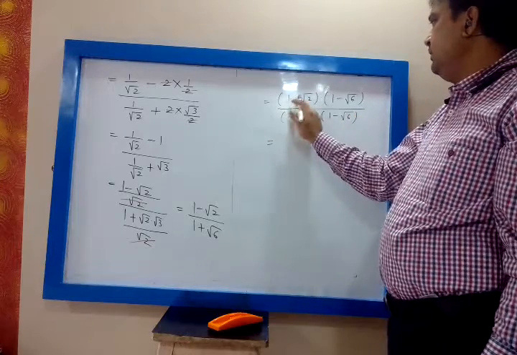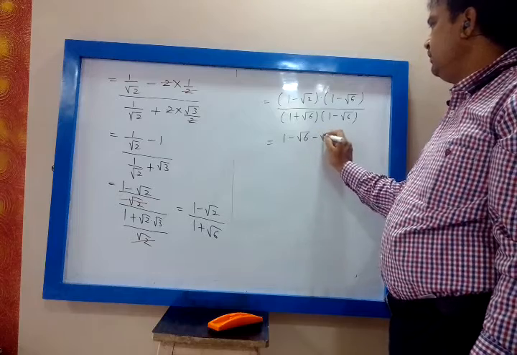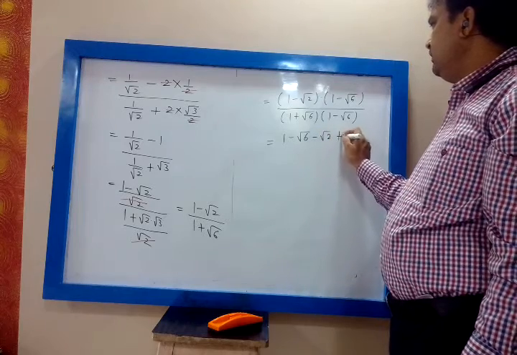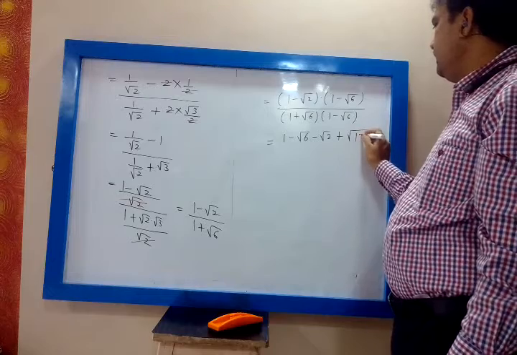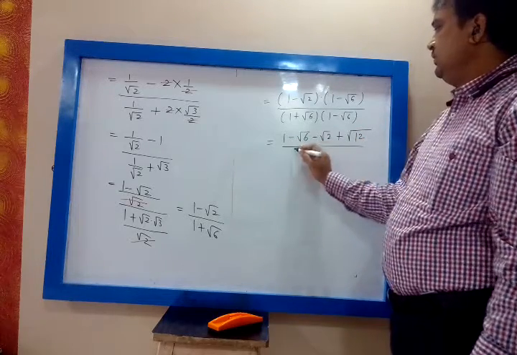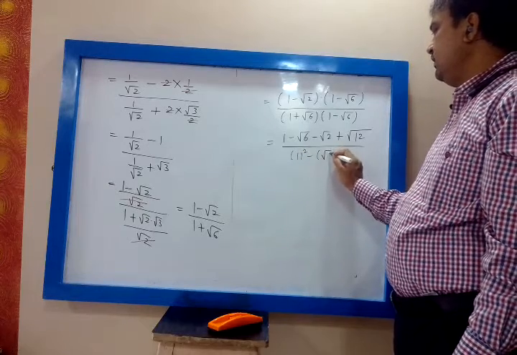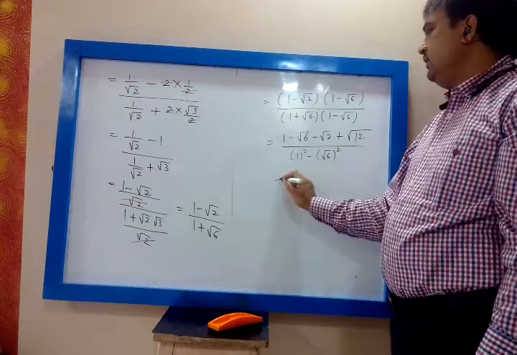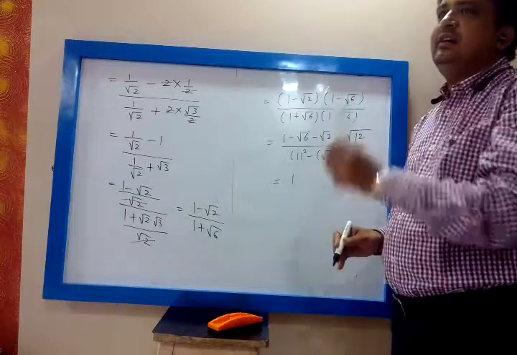Then open the bracket: 1 into 1, 1, minus root 6, minus root 2, and minus into minus plus root 2 into root 6, root 12, upon 1 square minus root 6 square. Now see, root 6 and root 2 you cannot add.